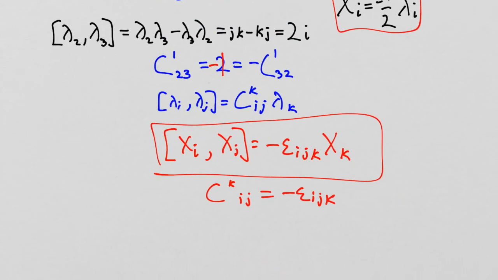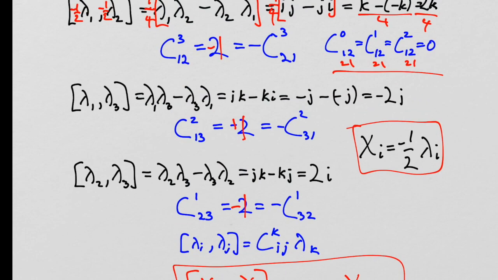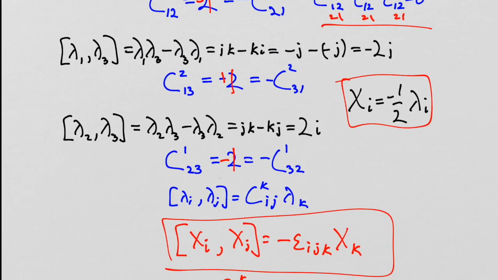So what would this be? 1, 3, 2 is one swap, right? 1, 3, 2 is actually 1, 2, 3 with one exchange, so it's definitely an odd exchange. So the epsilon there gives us a minus 1, but we have a minus 1 in front, so we get a positive 1, and that's what that is here. Okay, so this is correct.